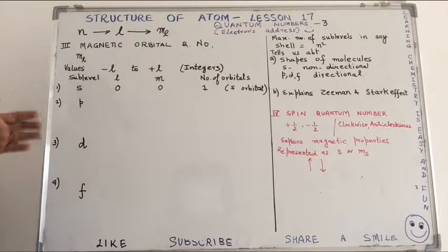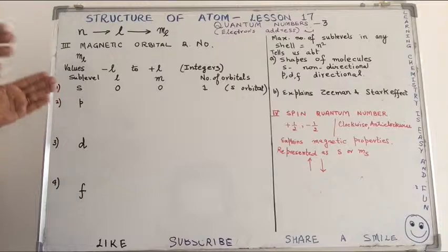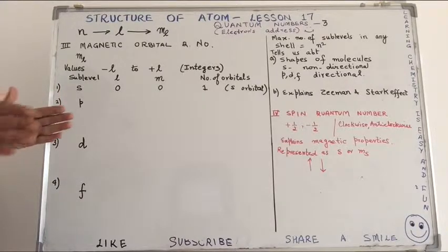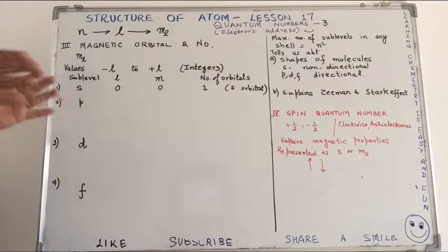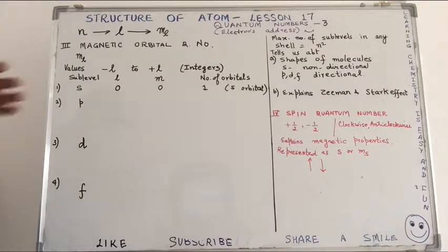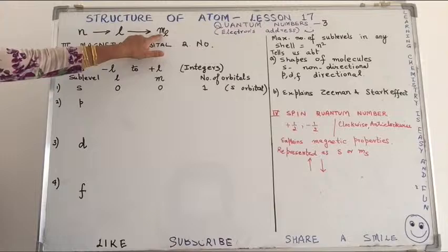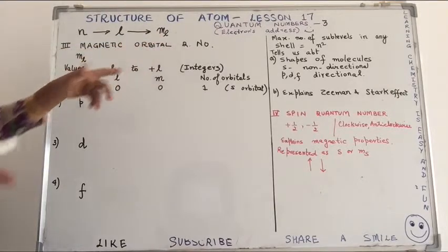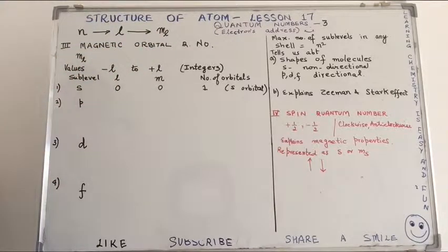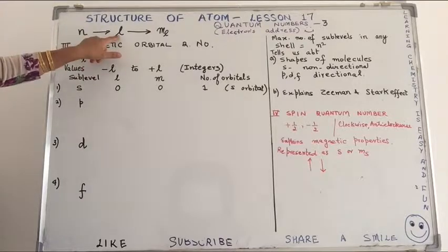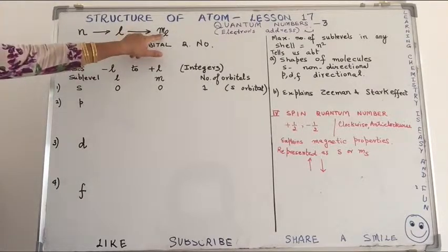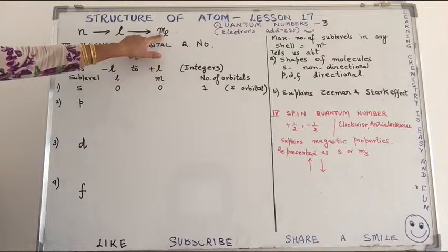In that grade 11, in what marks range do you lie? You are a 30 to 50% holder, 50 to 70% holder, or 70 to 90% holder. That is what ml decides: into how many categories one sublevel is divided.